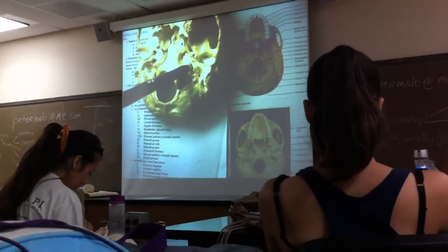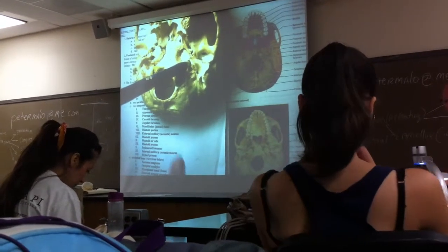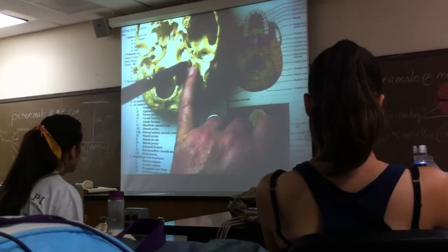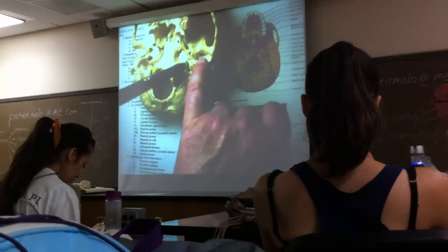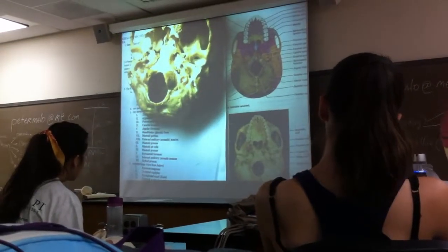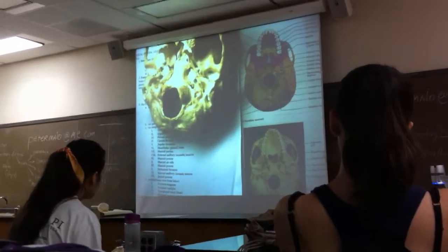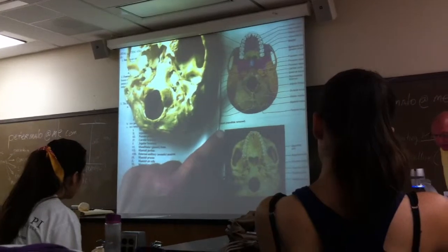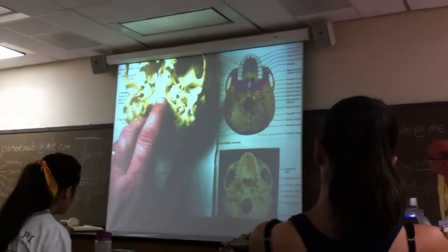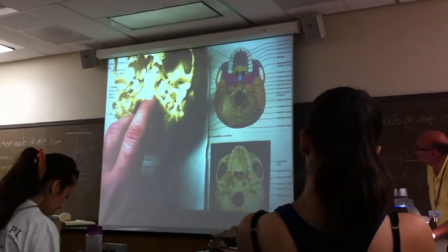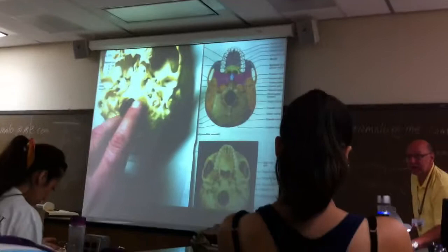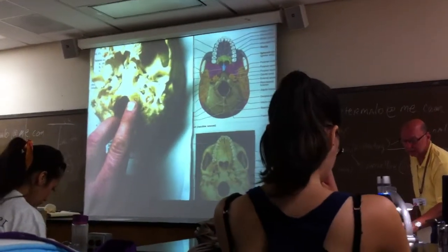To help you even more, the carotid foramen is about halfway on your line between the mandibular fossa and this large, smooth, rounded projection right here. This is the occipital condyle.